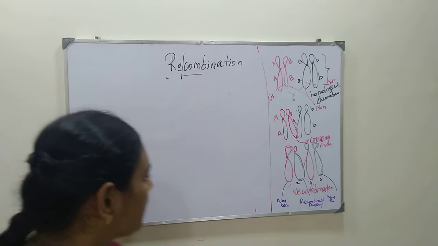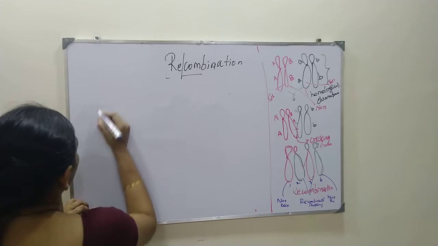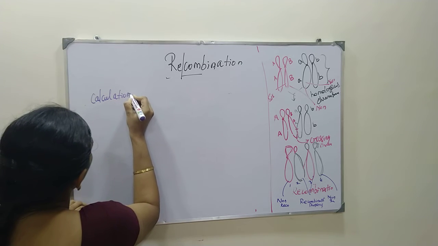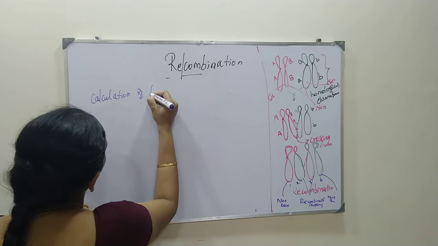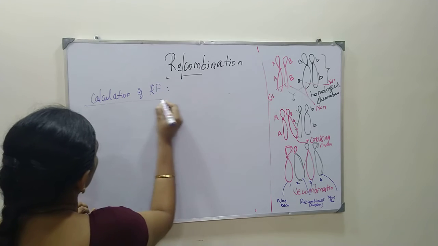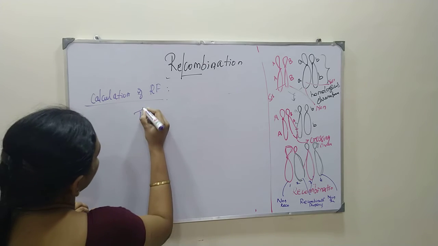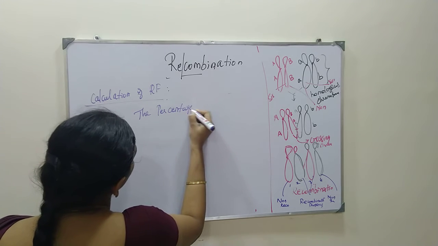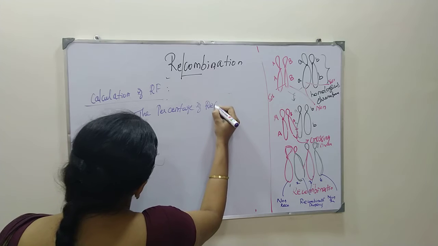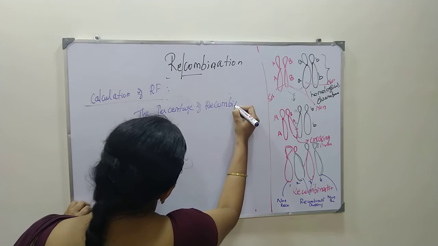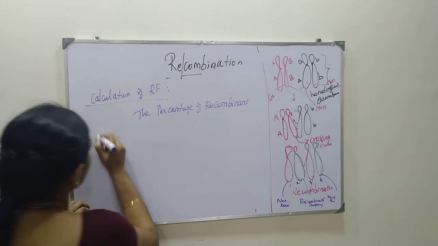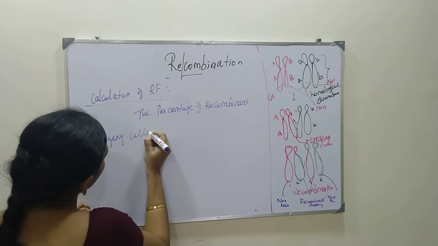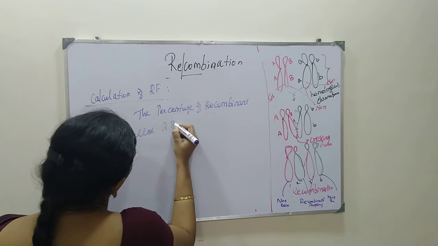The recombinant progeny is the basis. So, calculation of recombination frequency: the percentage of recombinant progeny is called recombination frequency.